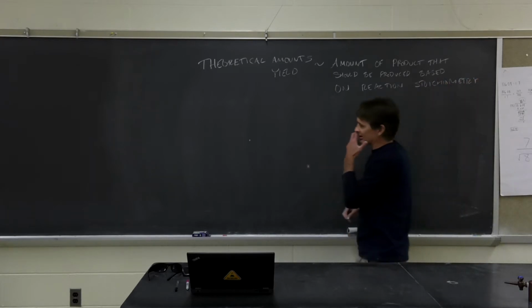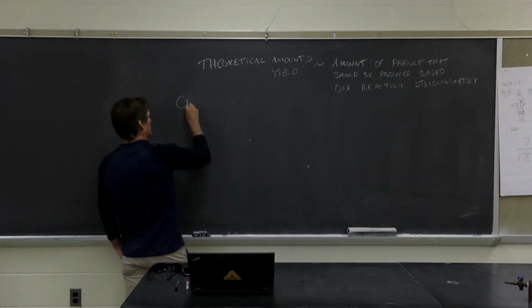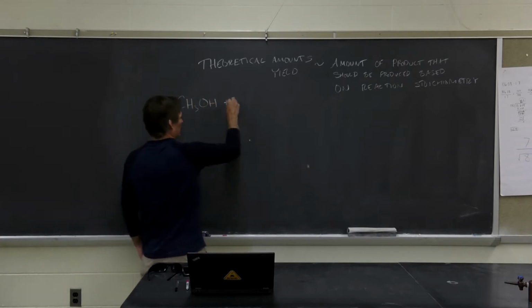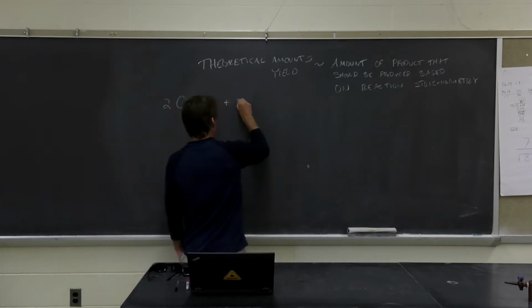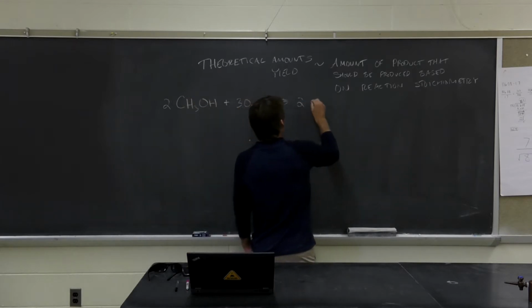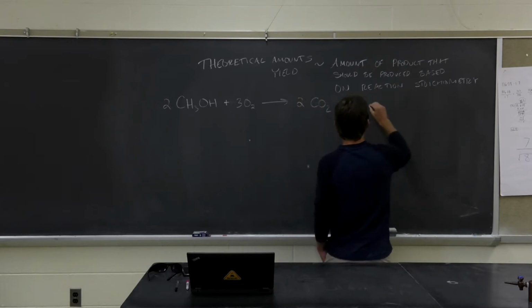So let's say we're doing, let's just take our reaction. I'm going to take some methanol and react that with 3 moles of oxygen, and I'm going to get 2 moles of carbon dioxide and 4 moles of water.